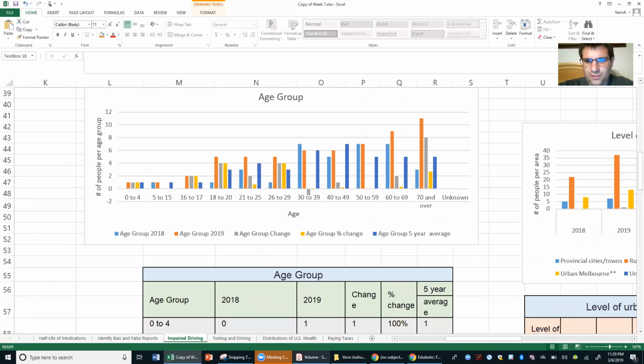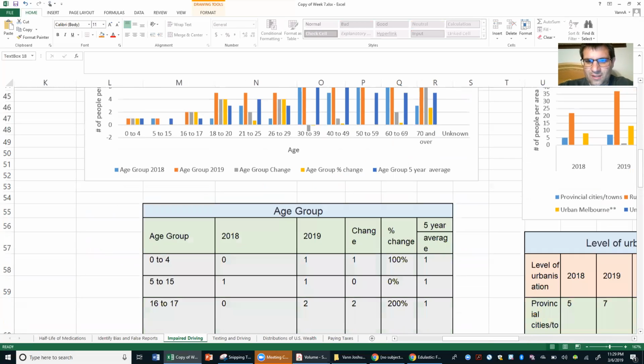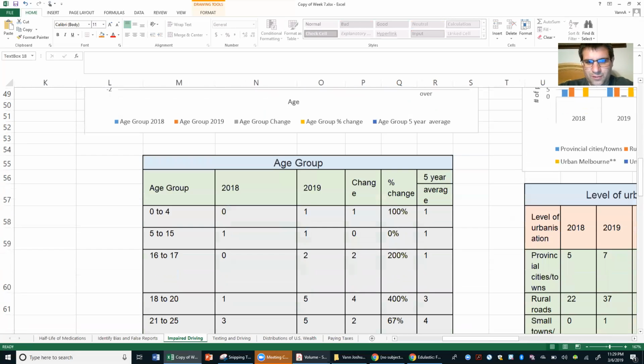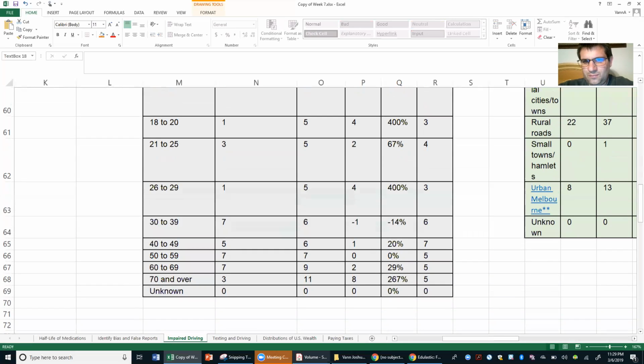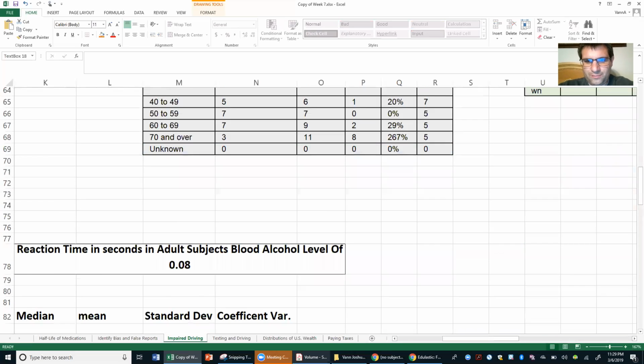Then we also did a comparison of age groups. We did the same thing, 2018, 2019, the change percentage, and the 5-year average. From 0 to over 70 were the age ranges that we compared.